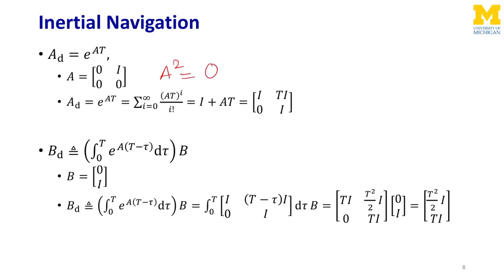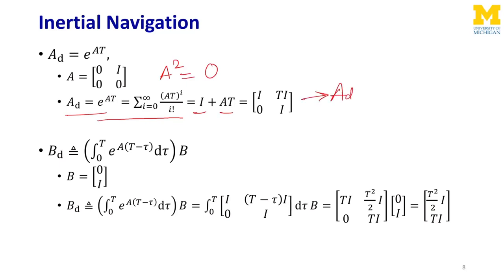And I'm going to use that fact to evaluate what e to the AT is. So AD is this guy, and e to the AT is defined as this infinite summation. And since A squared is 0, all that is left is the first term and the second term. And when I add these two, I get AD.